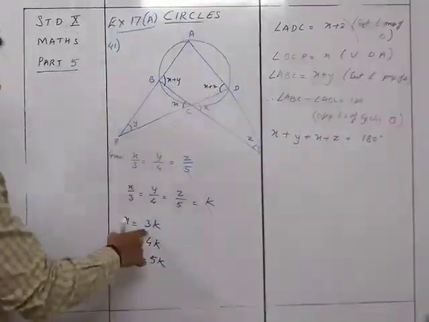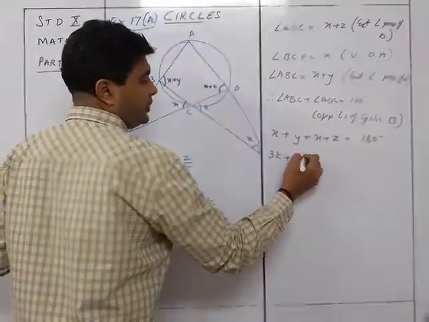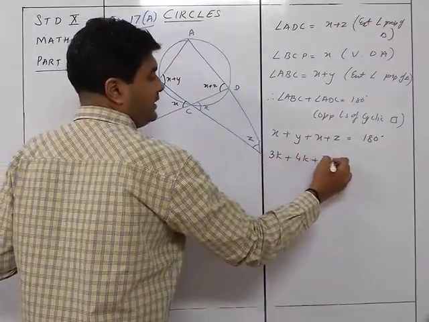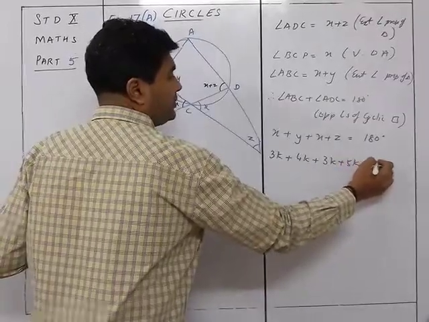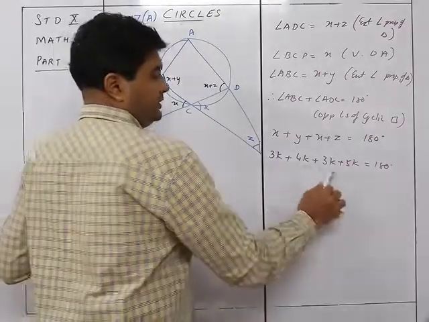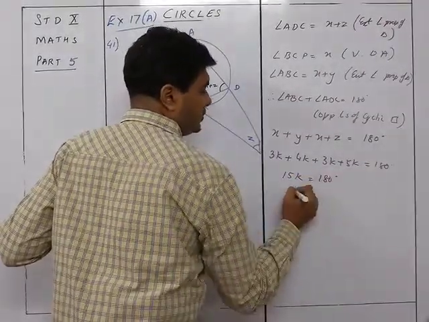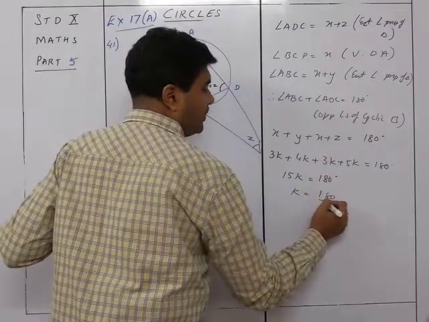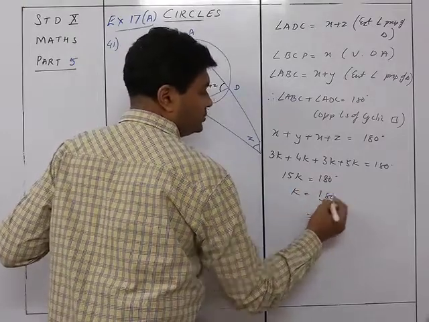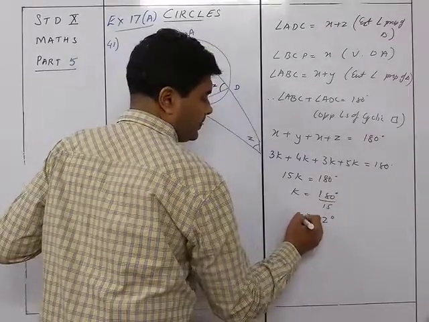So therefore, x plus z plus x plus y plus x plus z is equal to 180 degrees. So x is nothing but 3k, so you can say 3k plus 4k plus 3k plus 5k is equal to 180 degrees. 15k is equal to 180 degrees. So k is equal to 180 upon 15, which is 12 degrees.